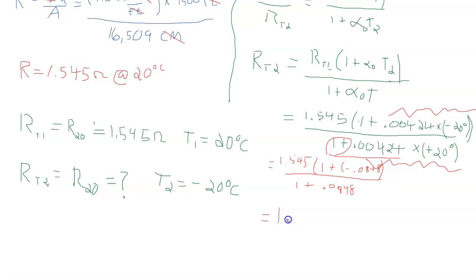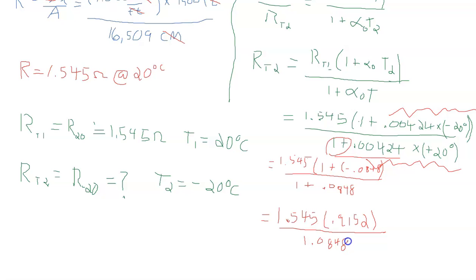Okay, so now add the 1. So we got 1.545, and on the top we actually have 1 minus 0.0848, so that gives us 0.9152. And on the bottom, we got 1.0848.